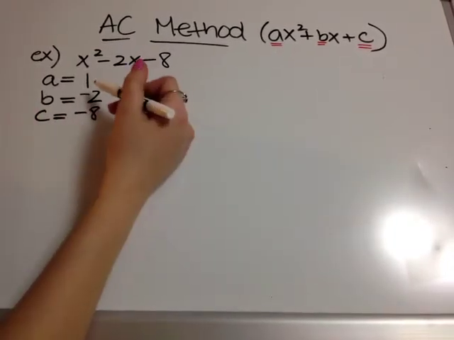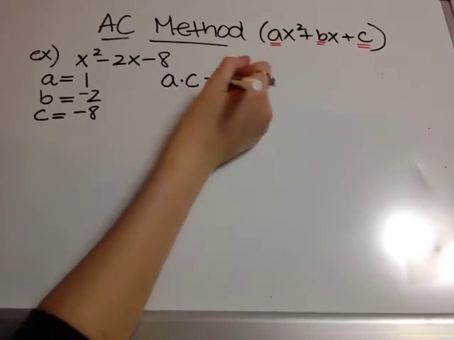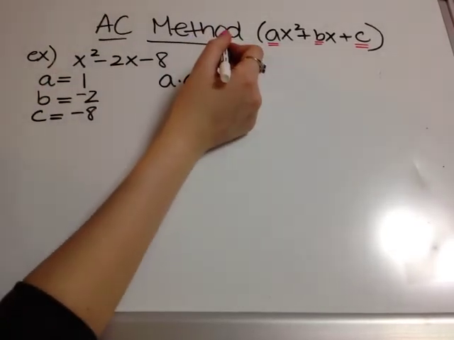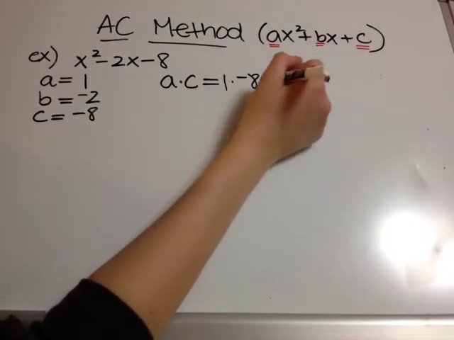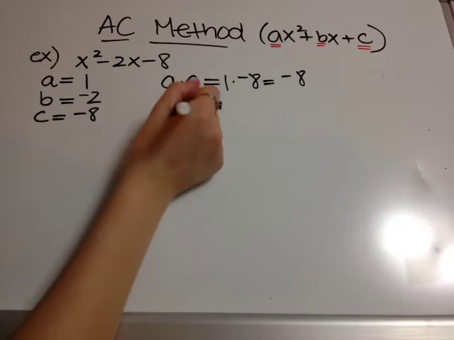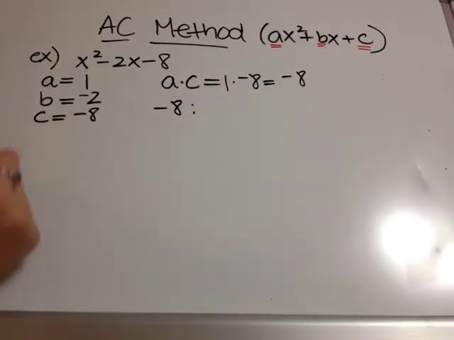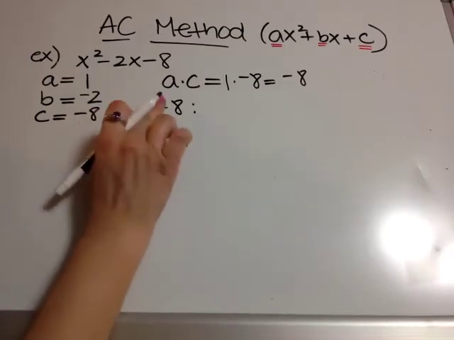Great, now that we have our three coefficients, we have to do a times c, which is why this method is called AC method. So we have 1 times negative 8, which is negative 8. Now we use negative 8, and we have to write down all the factors of negative 8. First, we can just pretend it's regular 8.